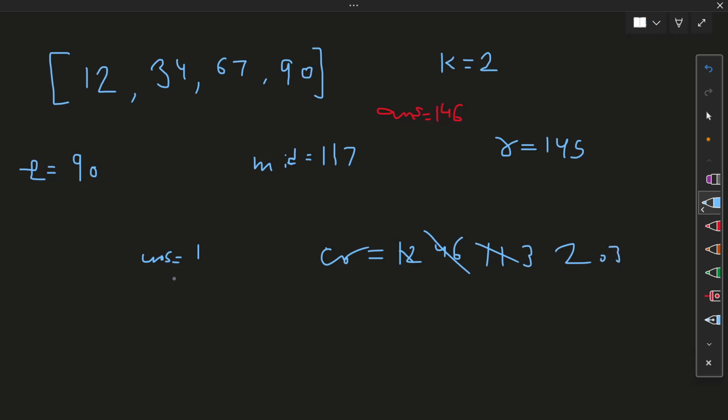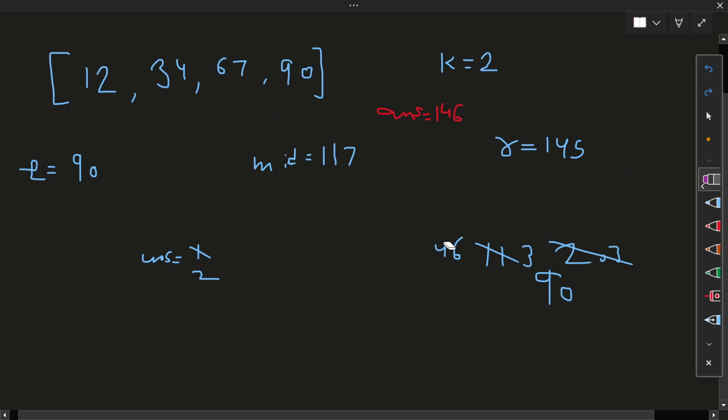Now the first person cannot read the current book. So we need one more person. Then he will read the current book. So the current person has read 90 pages till now. So now we have traversed this array.